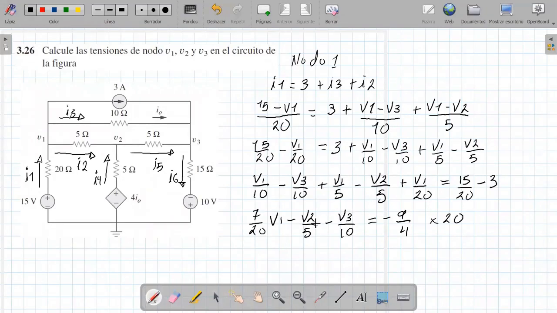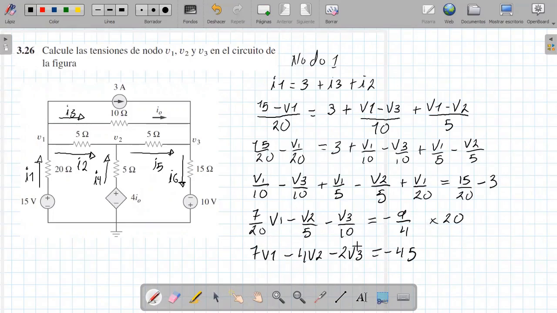When multiplying by 20 in the equation, I will end up with 7 V1 minus 4 V2 minus 2 V3 equals minus 45, and multiply by 20 as it is to eliminate the denominator.